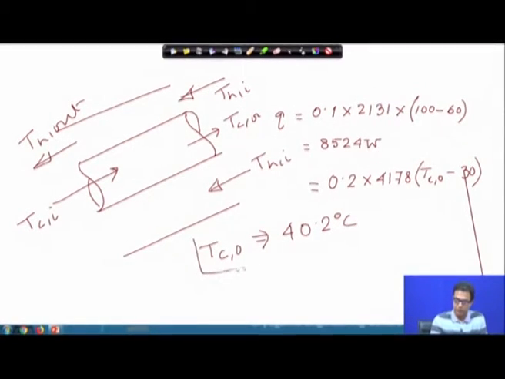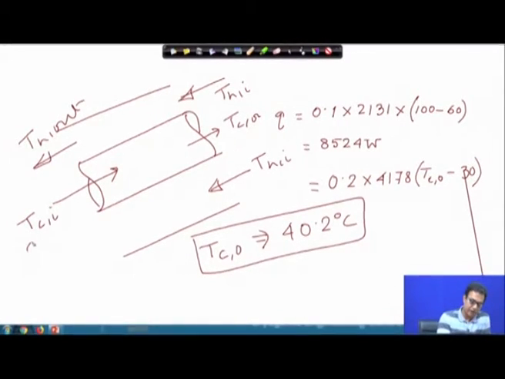So, now we have been able to estimate the cold exit temperature. This is entering at 30 degree centigrade, going out at 40.2 degree centigrade. What is the average temperature then?